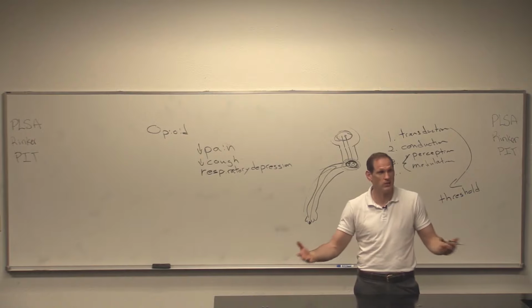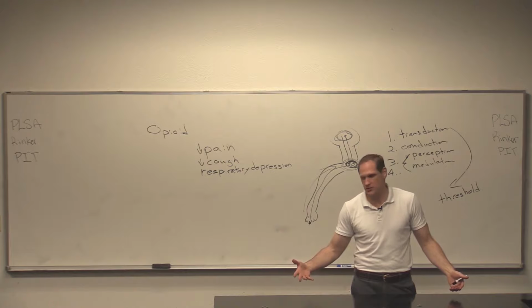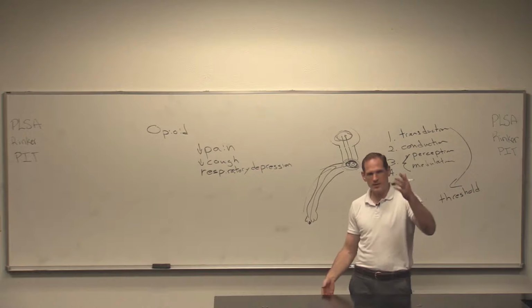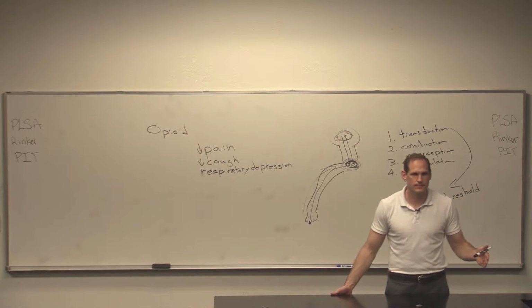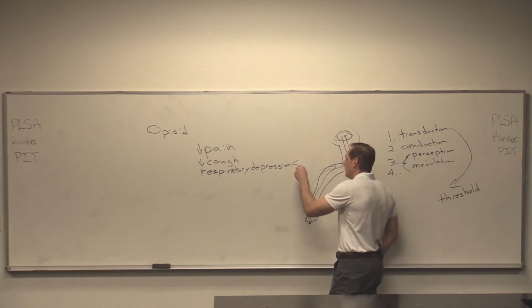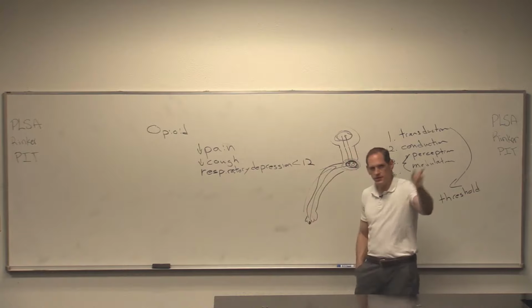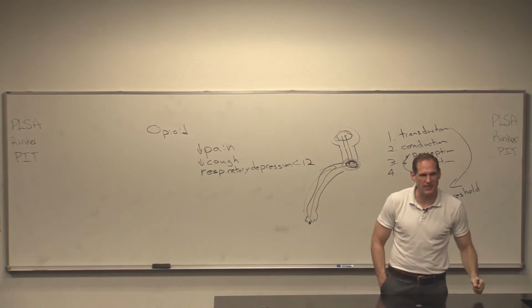What would that look like, health assessment wise? Fewer respirations per minute. So what's your normal? 12 to 20. So if a patient goes below 12, that's going to be considered respiratory depression. Are we going to do anything about that?